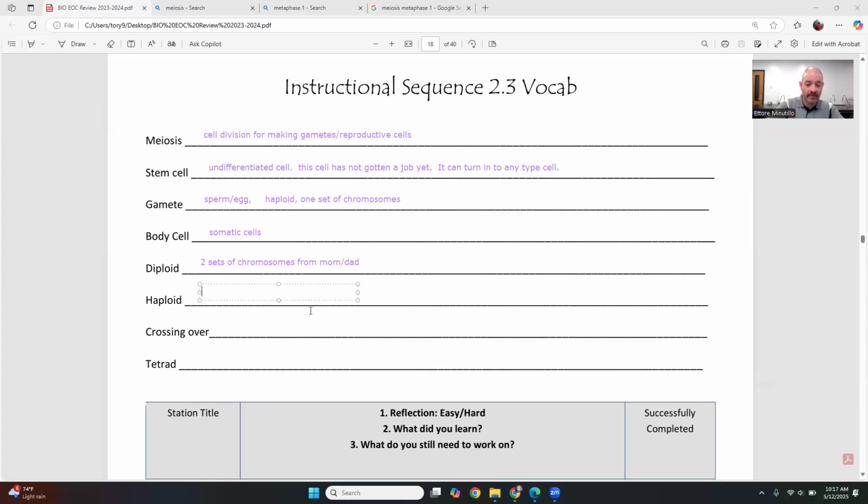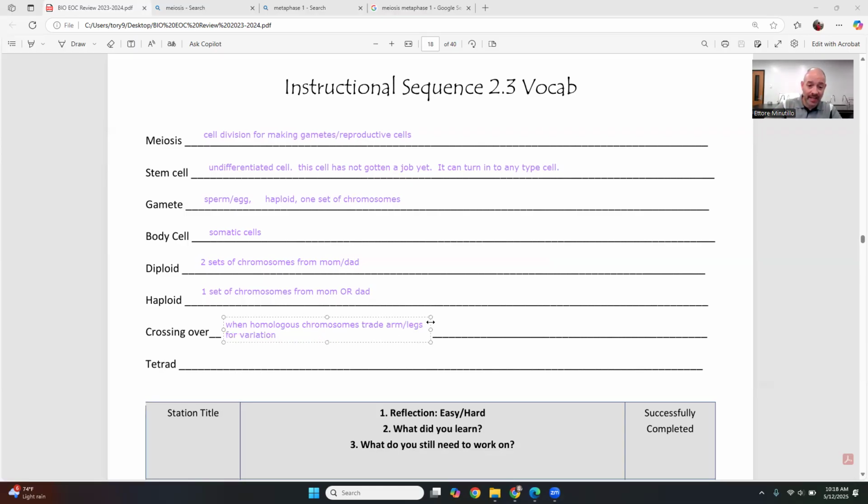Haploid, 1 set of chromosomes from mom or dad. 2 left, crossing over, and homologous chromosomes. Trade arms or legs or variation.